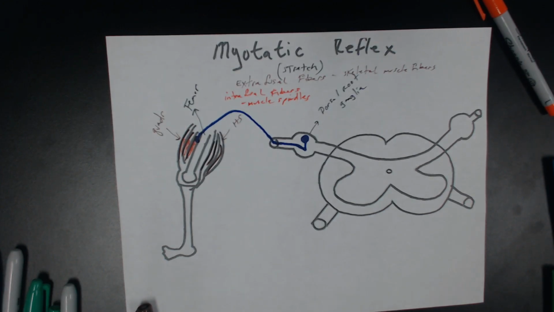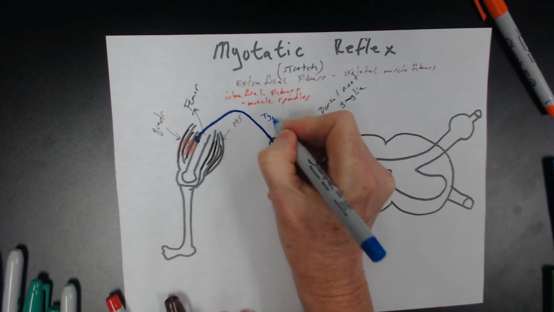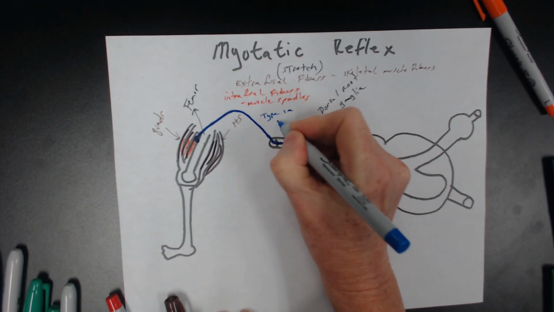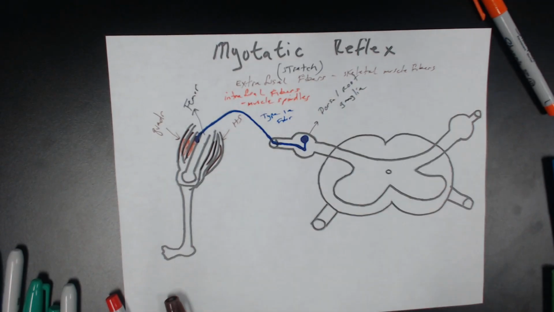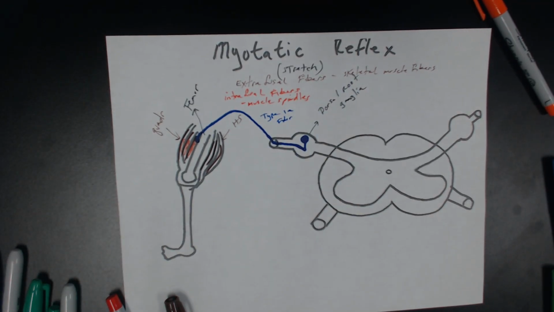It's called a type 1A fiber. Type 1A fiber is there to detect sensory information coming from your muscle spindle, and your muscle spindle is there to detect stretch on the muscle.